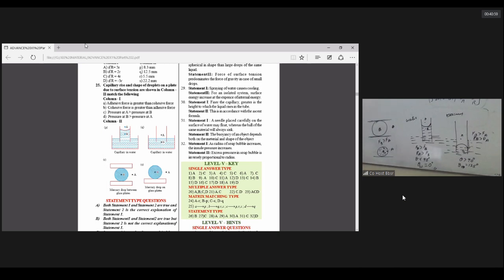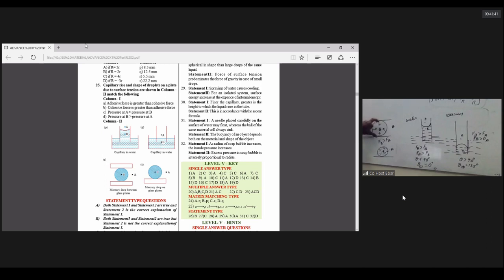I have written it reversed here. Atmospheric pressure is greater than the internal pressure, then more pressure should be on this part.